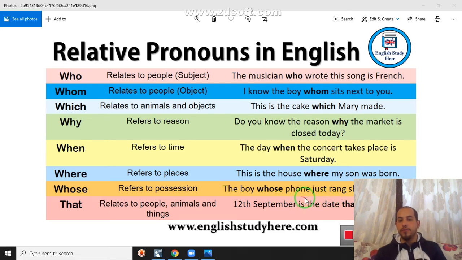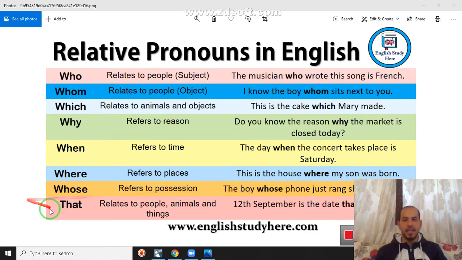The phone is owned by the boy, and this is the possession. For example, I saw the girl whose father. So I'm talking about the girl and her father. So I use whose, not who. The boy and his phone. So I use whose, not who.